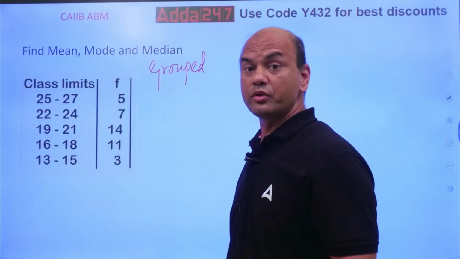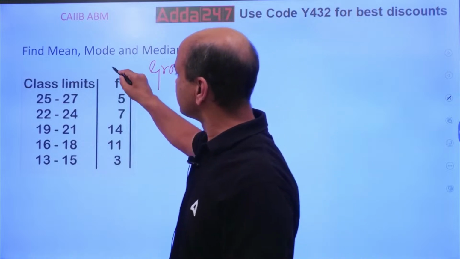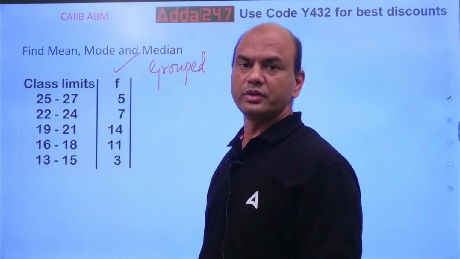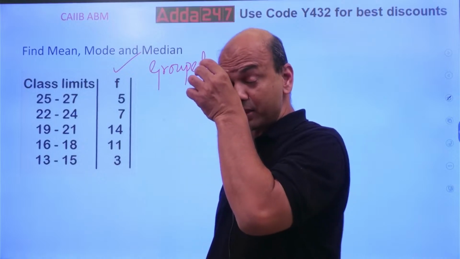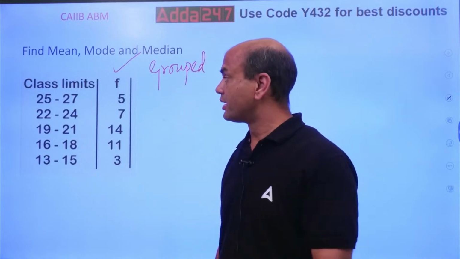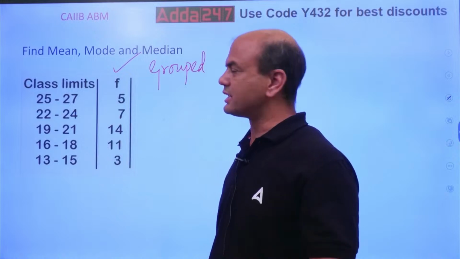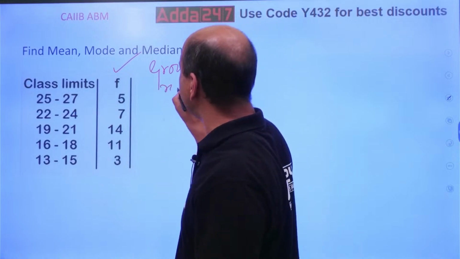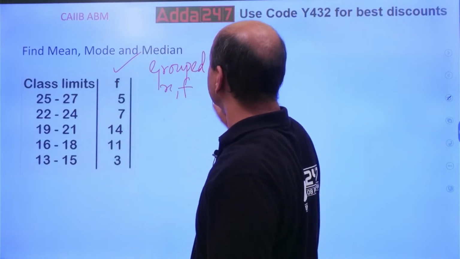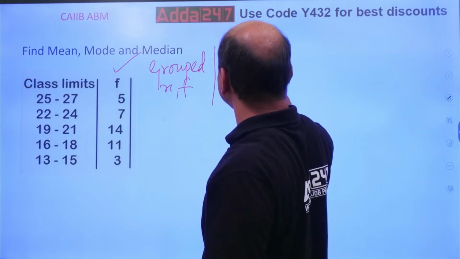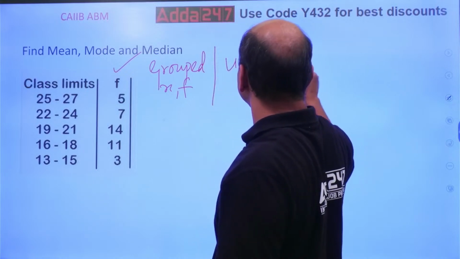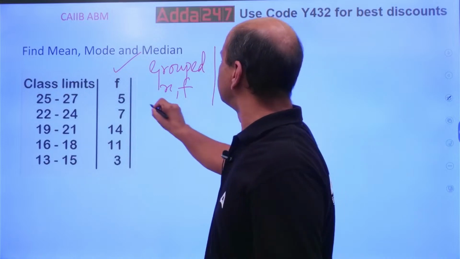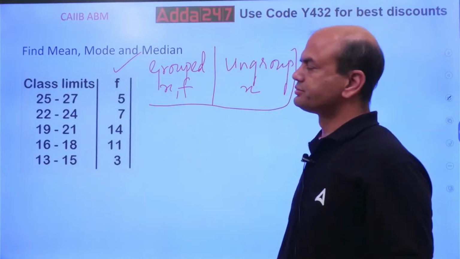In grouped data, you have frequency. See this frequency. In ungrouped data, you don't have frequency, there is only X. See here, there are 2 terms. Grouped is X and F, and ungrouped is only X. So this is how you will be classifying it.